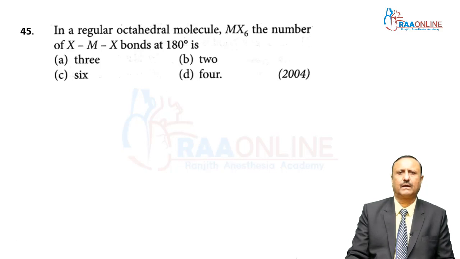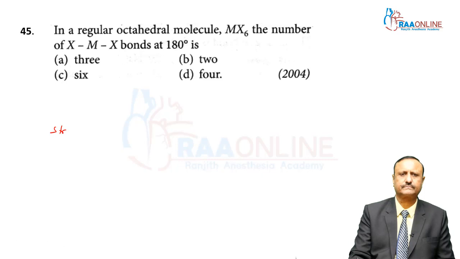In a regular octahedral molecule MX6, the number of X bonds at 180 degrees. You can form the structure of MX6. This is M. Here you have 1, 2, 3, 4, this is 5, and this is 6.